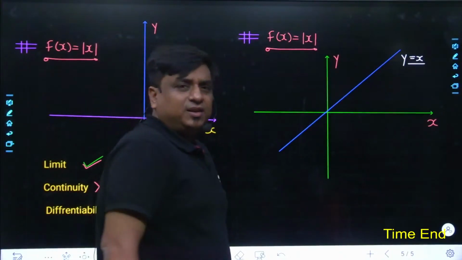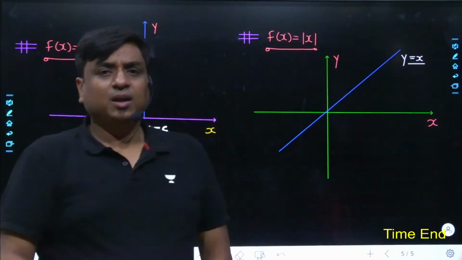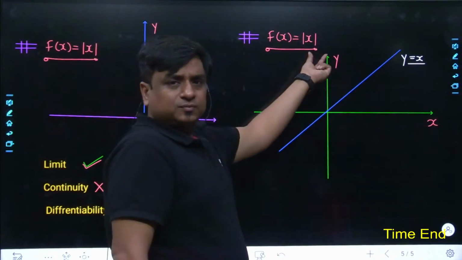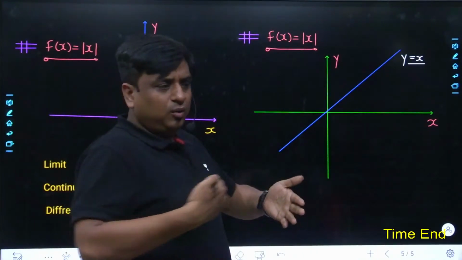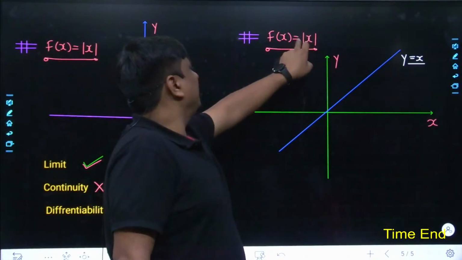What does the modular function do? If you are dealing with a complex number, things are quite different. But if you are dealing with a real number, and here it is a pure real number only, because x takes all real values and the function is crafted such that it won't be complex at any cost.